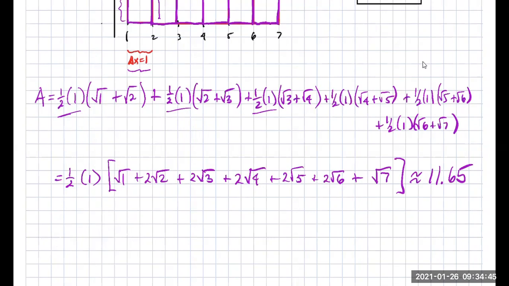Notice, gang, that there's a pattern here. First of all, we have our 1/2. And then the 1, remember that was delta x. That was the height or the width. And in the parentheses, notice that there's a series of 2's.